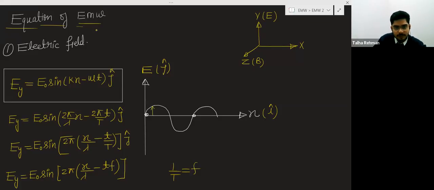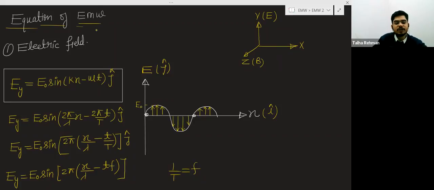Like this and like this. So with time the direction and the magnitude of the electric field will change. This maximum value of the electric field is the amplitude.